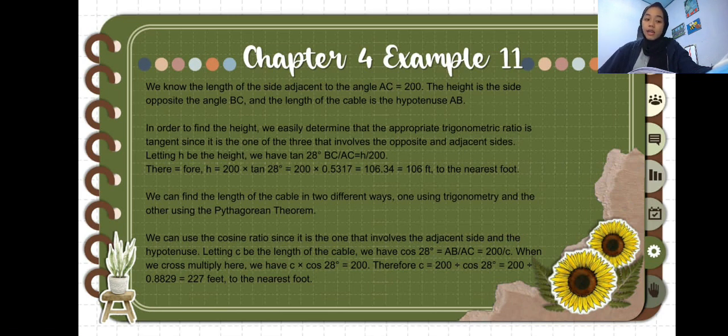So C equals 200 divided by cos 28 degrees, equals 227 feet to the nearest foot.